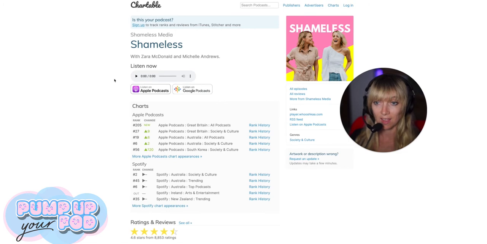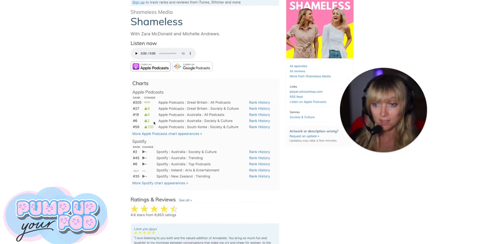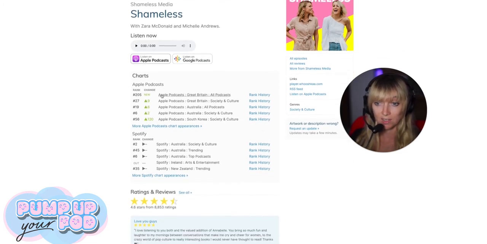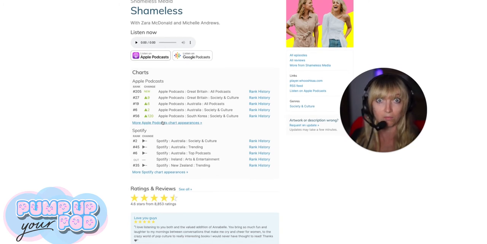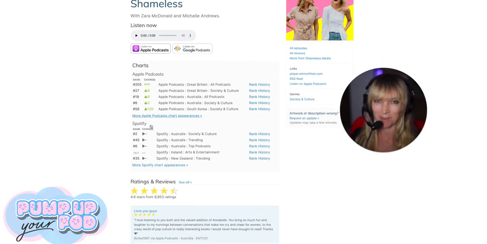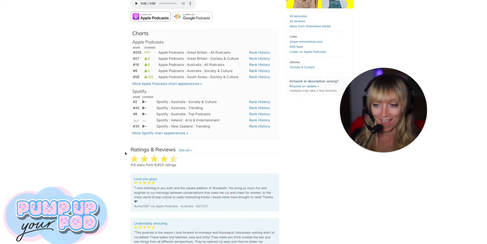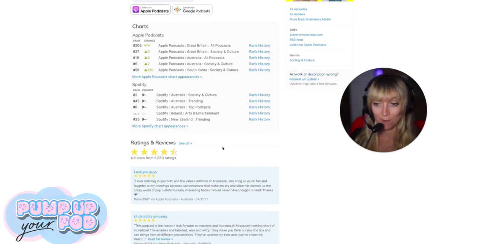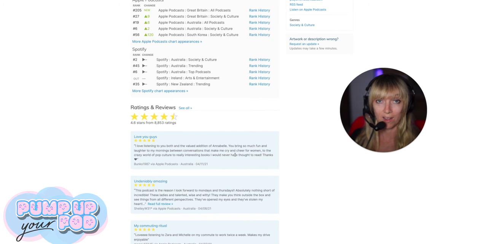So you can see then that you have charts and you can see where you're sitting in those charts for Spotify and for Apple, depending on if you are charting in anything, which is always good to know. Not that it makes a huge amount of difference, but it's still good to know. Underneath ratings and reviews is where you can actually see all your ratings and reviews.